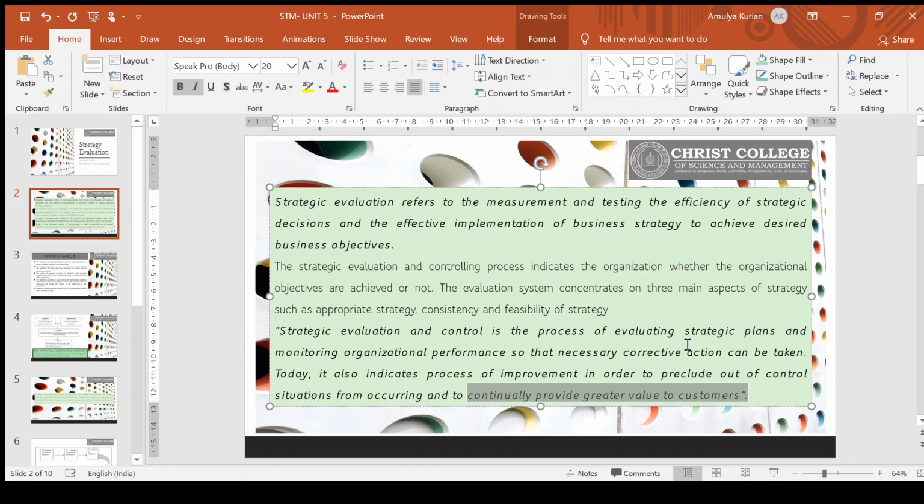In this slide we have just seen what strategic evaluation and control is.